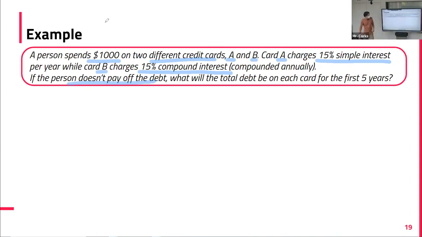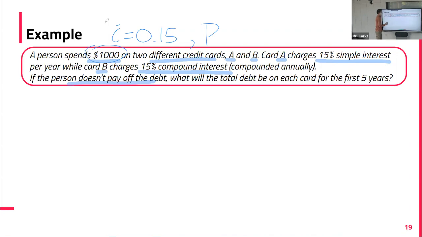Okay, so we'll look at each of these and see what happens. First, let's just pull out the main numbers. What is our lowercase i here? 15%, so we'll write this as a decimal, 0.15. What is our P, our principal? $1,000.